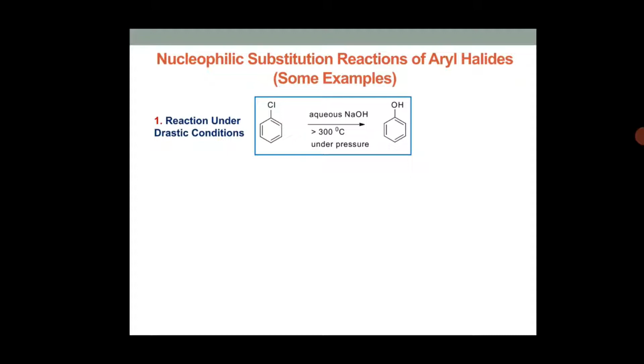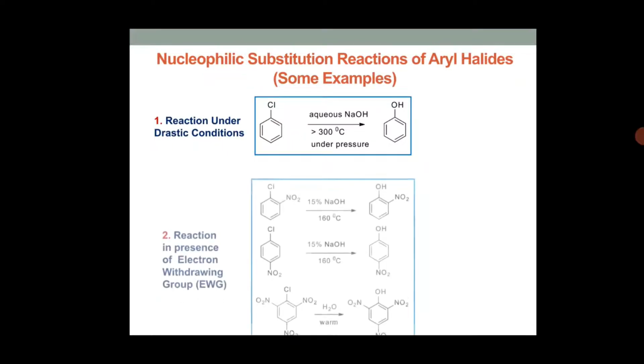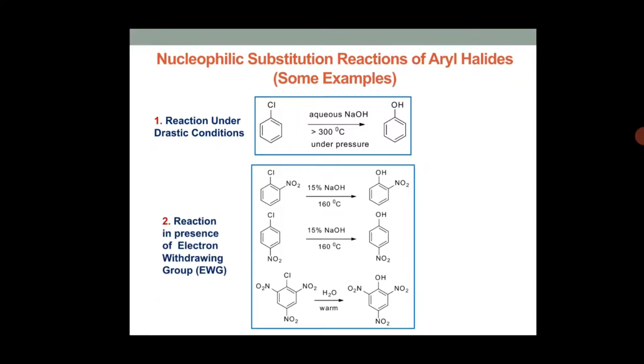So, the other option is introduction of an electron withdrawing group at the ortho and para position with respect to the halide group. This will increase the stability of the carbanion intermediate and the reaction will go faster.